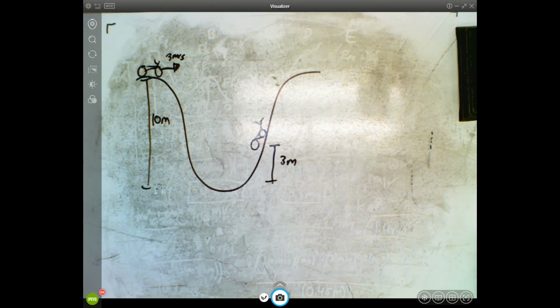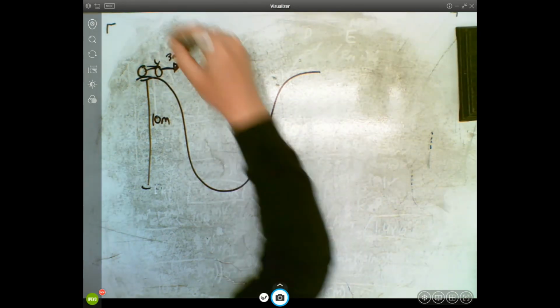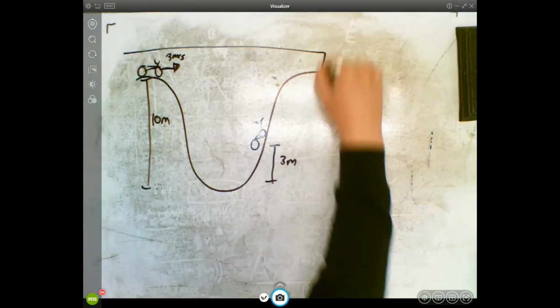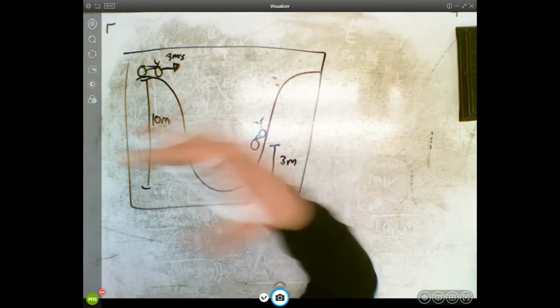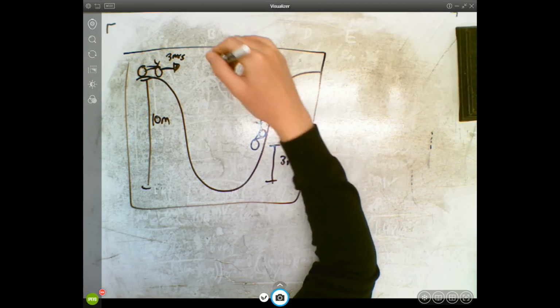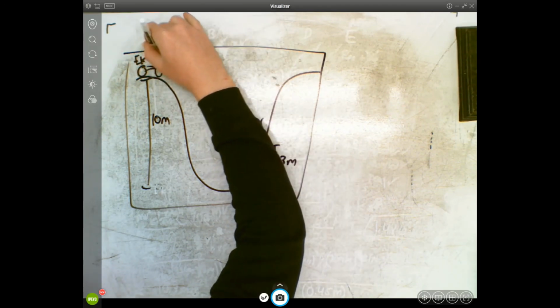Okay, so to approach this problem, first thing it asks, how do we describe our system? So we could describe the system in this one as this whole picture here, right? And it's good to do the whole thing where here we have kinetic energy and we have potential energy.